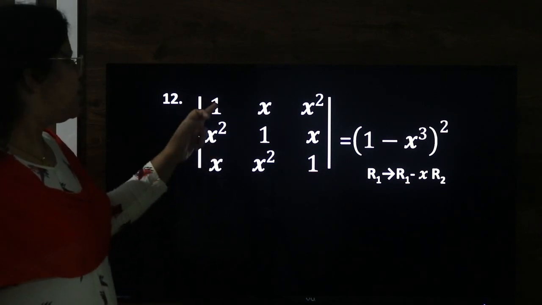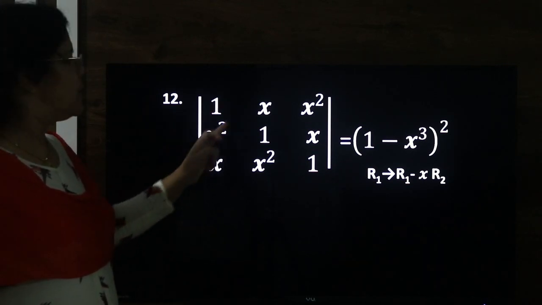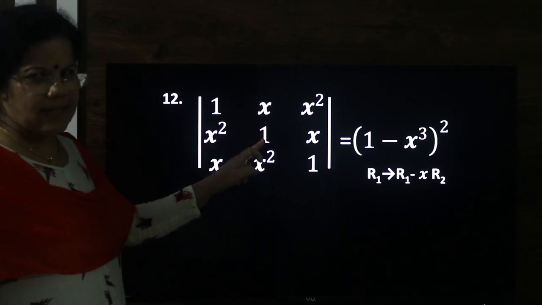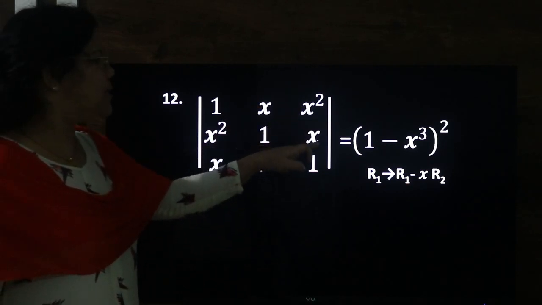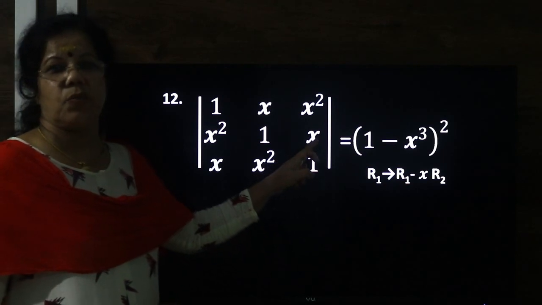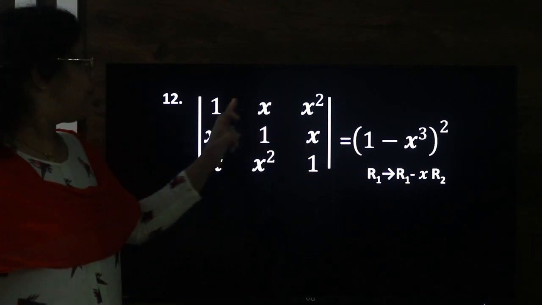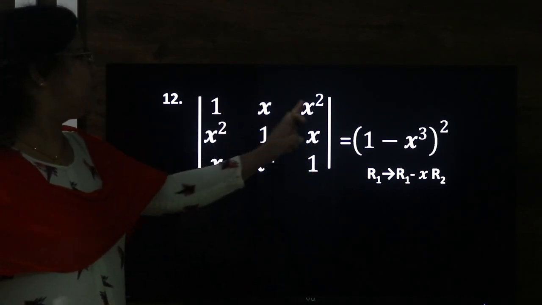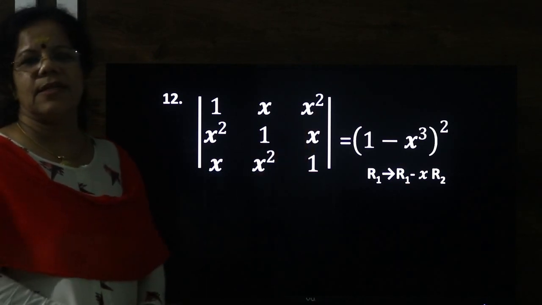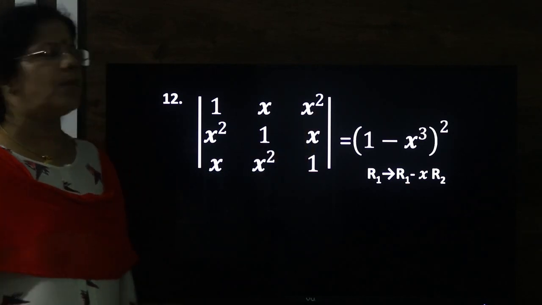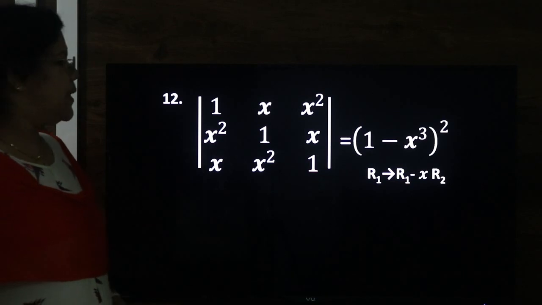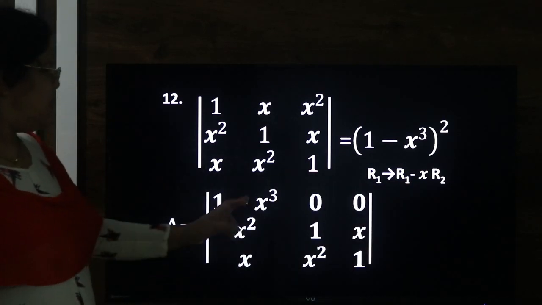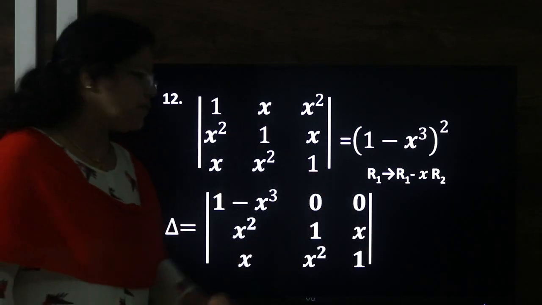So what will happen? 1 minus x cube, x minus x is 0, x square minus x square is 0. So that is 1 minus x cube, 0, 0. Right? With this simple operation, what you will be getting, you see? 1 minus x cube, 0, 0.